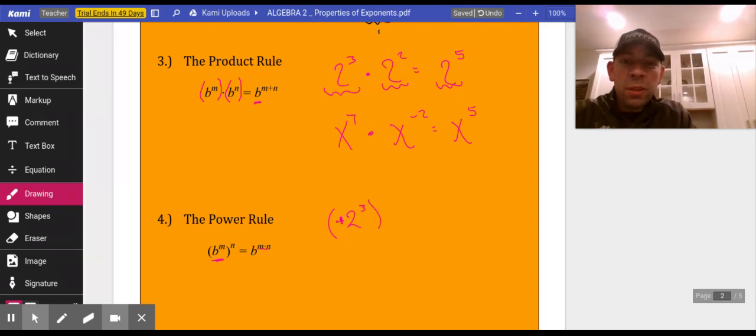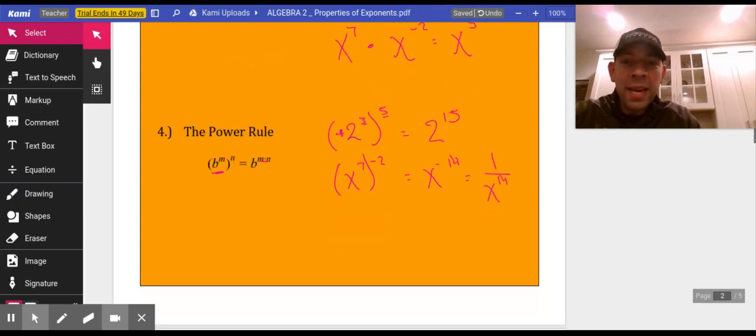We'll say 2 to the third to the 5th. All we're going to do is multiply the 3 and the 5 to make 2 to the 15th. Or maybe we have x to the 7th, and that's raised to the negative 2. We'll just multiply them to make x to the negative 14, which would be 1 over x to the 14th when I'm all done.